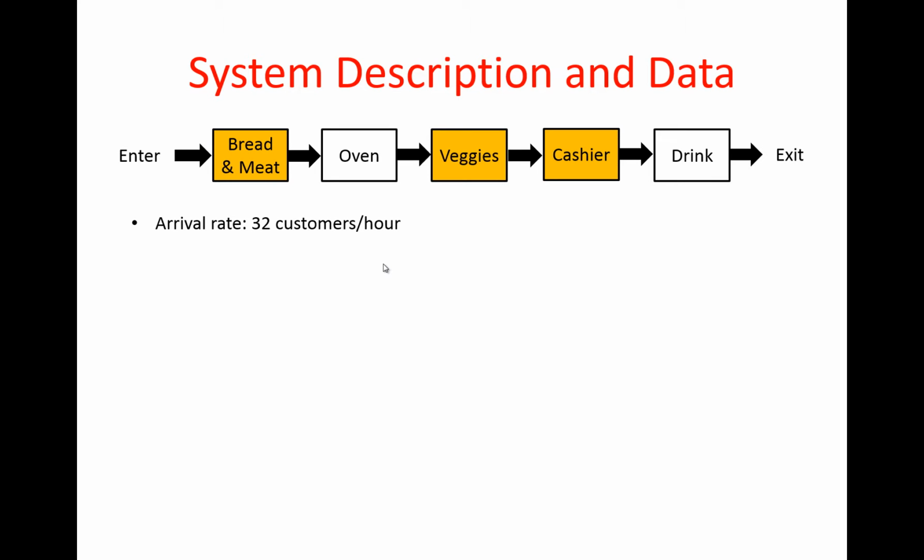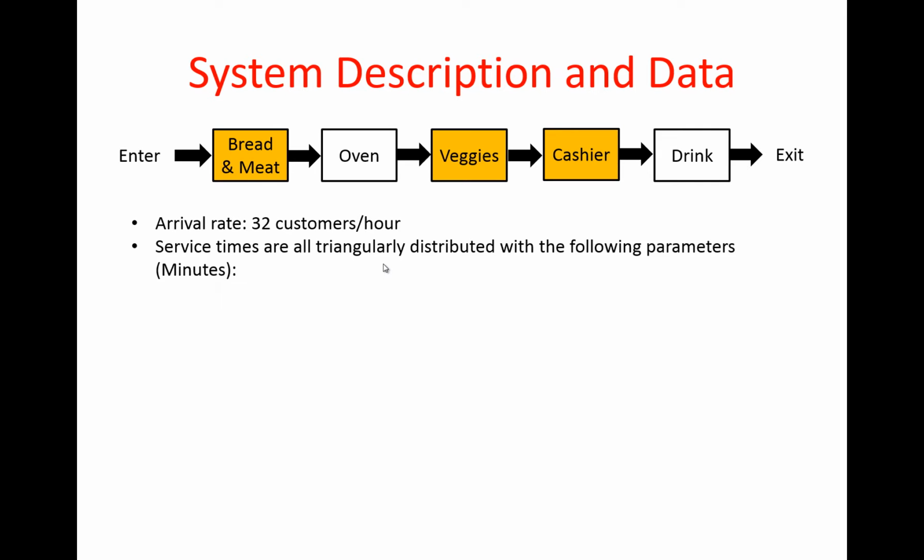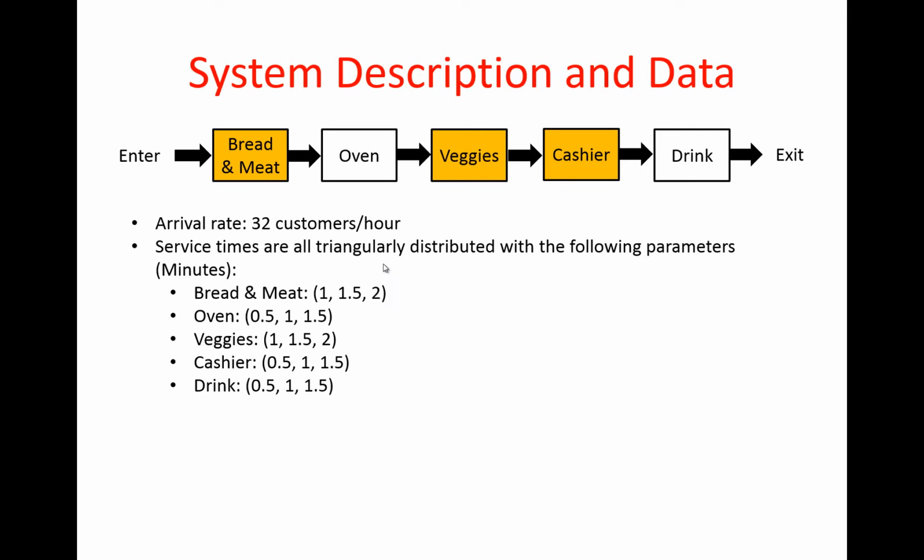As for the data for this problem, the arrival rate is 32 customers per hour, and service times are all triangularly distributed with the parameters that you can see here. I'm not going to go over the parameters here because we have talked about this model before. And 70% of the customers want their sandwich toasted and 30% will get cold sandwiches.